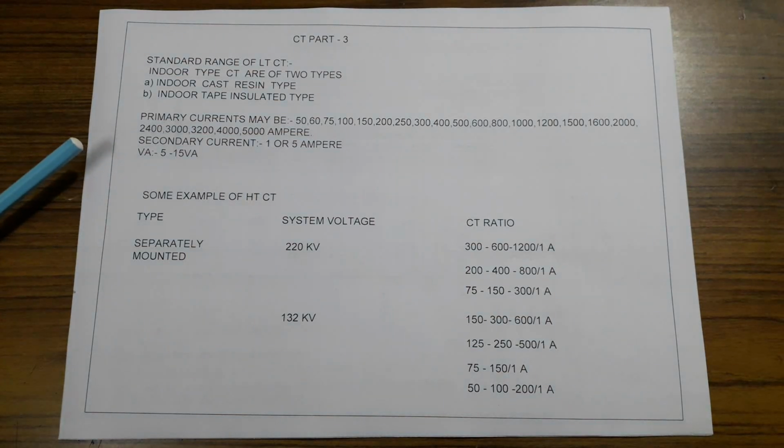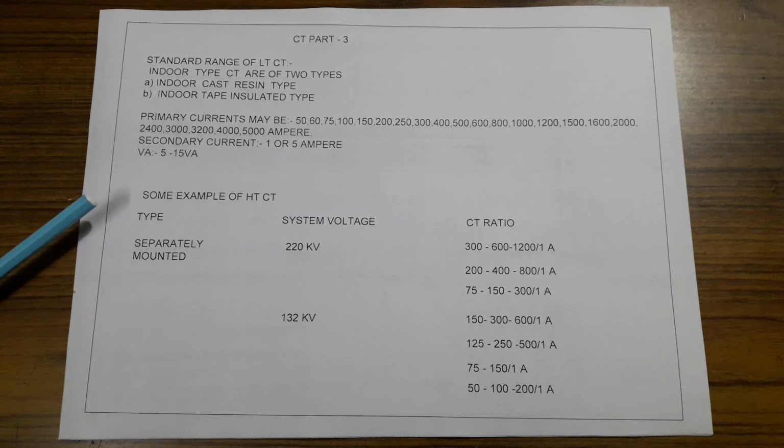The secondary currents are 1 ampere or 5 ampere. The VA range of the CT is 5 to 15 VA.